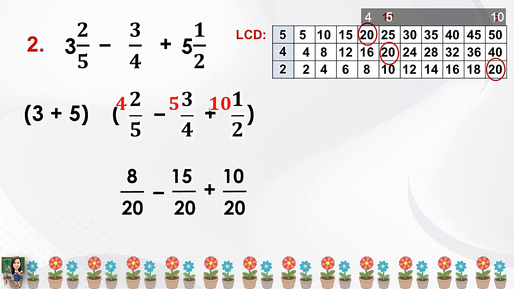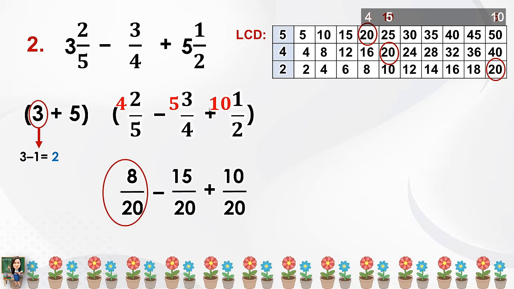Now let's subtract and add. 8 minus 15. As you can see, we cannot subtract the minuend and the subtrahend because 8 is smaller than 15. If that happens, we can apply regrouping by simply borrowing 1 from the whole number, which is 3. 3 minus 1 equals 2. The whole number will become 2, and we borrow 1.